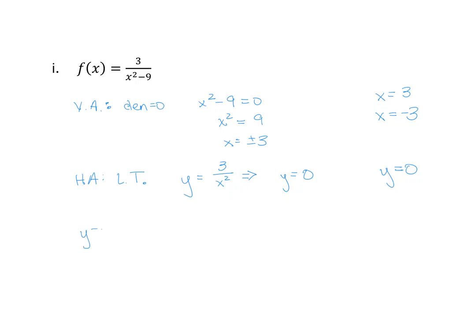All right, y-intercept. If we plug in 0 for x, we get 3 over 0 minus 9. If we simplify this, we should get negative 1 over 3. We want to simplify our fraction.